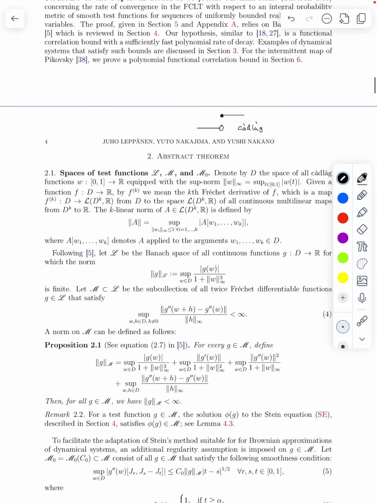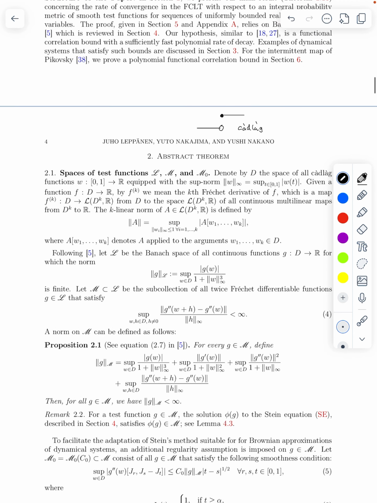And then of course the kth Fréchet derivative is just built up iteratively by doing the same thing over and over again. Great, so that's what the Fréchet derivative is.